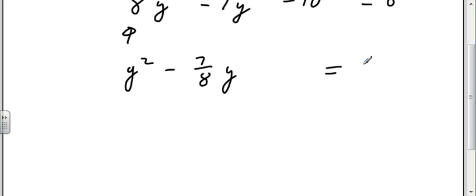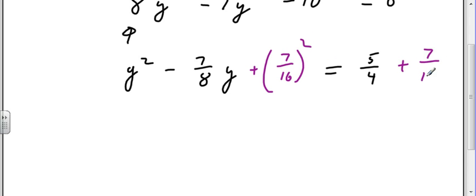But we'll probably have to change it anyway because we'll do a common denominator thingy. Half of this guy is 7 over 16, so I want 7 over 16 squared on both sides. So we got y minus 7 over 16.